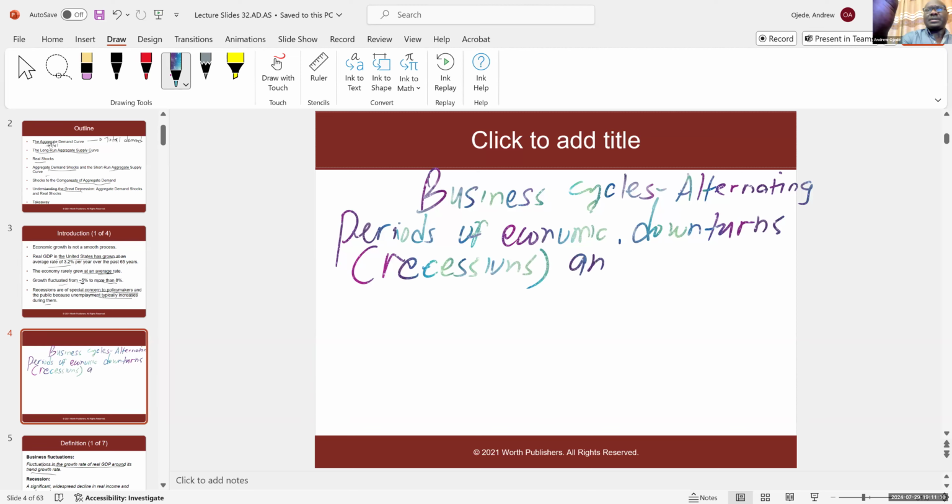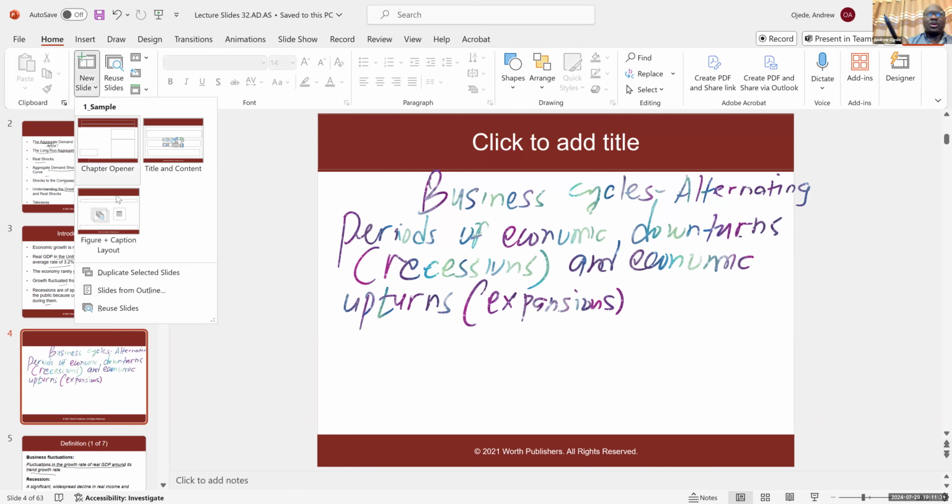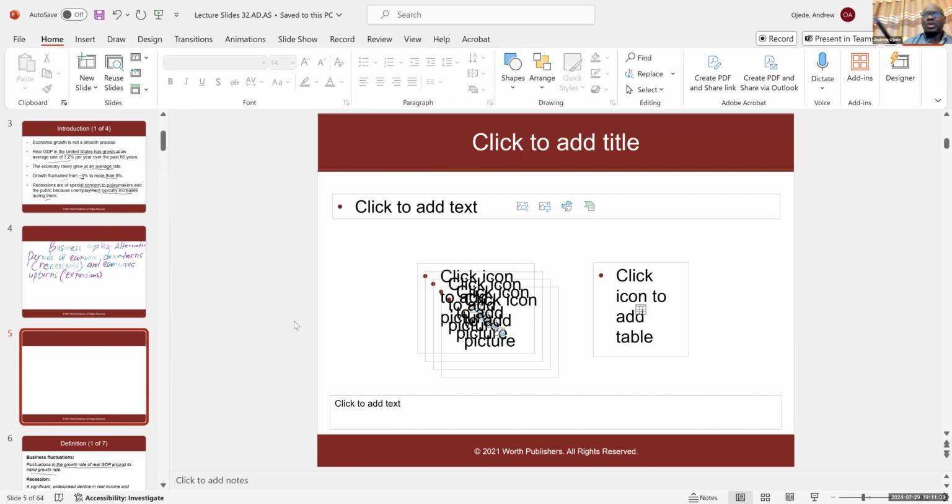And economic upturns, which you can call what? Expansion, when the economy is expanding, is growing. Okay. So of course, those alternating periods are going to be around some long run trend. Okay. So a typical business cycle is going to look like this.